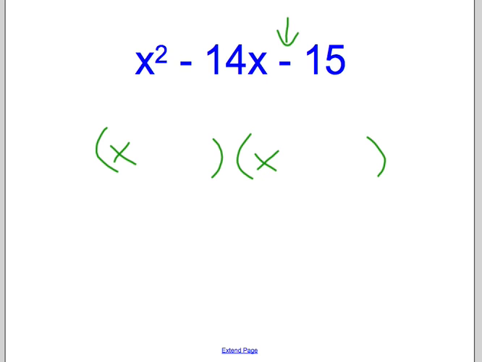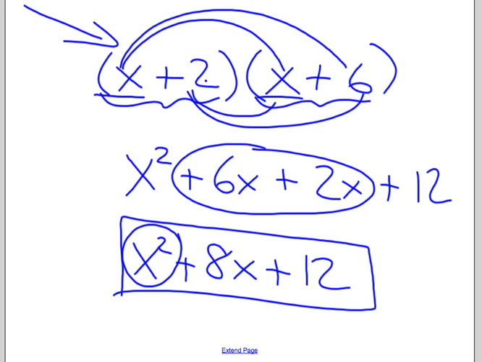Where does that sign come from? The 2 numbers at the back, the lasts. The sign of our last term, that plus 12, comes from multiplying the 2 last parts. In this problem, it was a plus and a plus, so it became a positive 12.